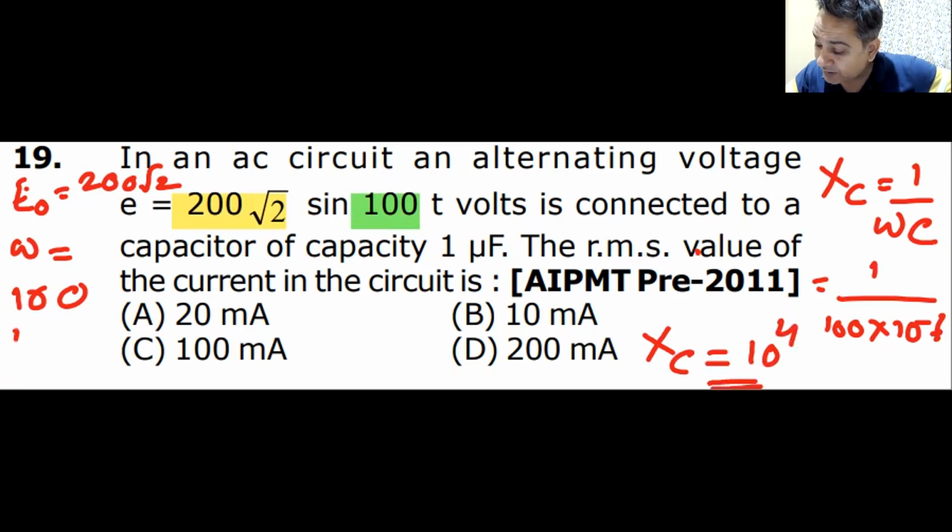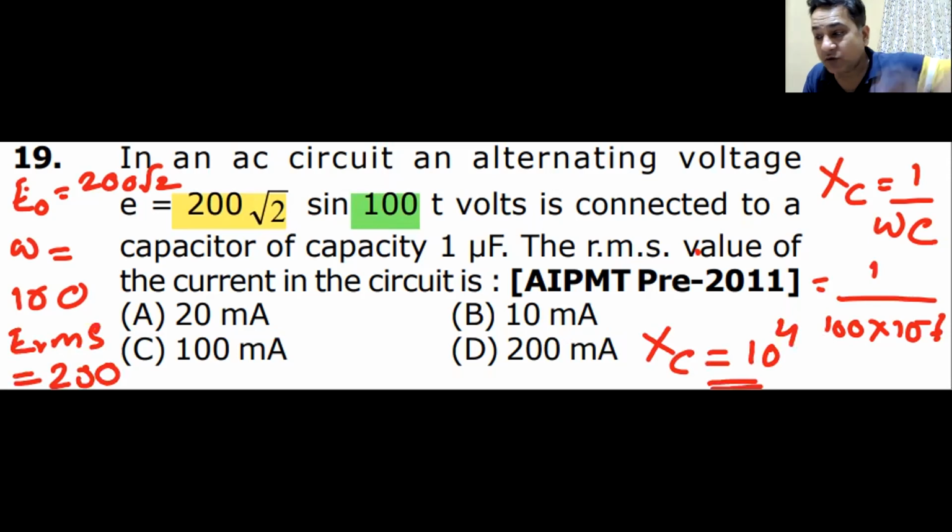From here, I can find the value of ERMS or VRMS. My ERMS becomes E0 divided by root 2. So ERMS is 200 and XC is 10 raised to the power 4. Divide 200 by 10 raised to the power 4 and you will have your answer.